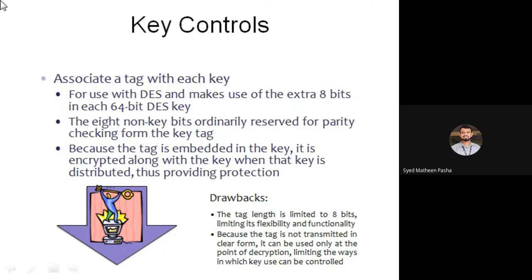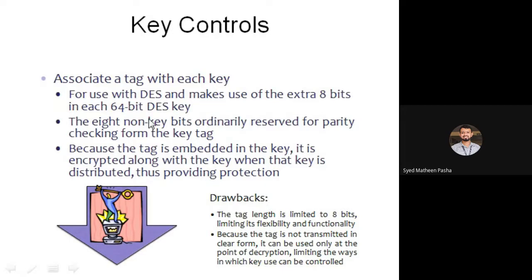So I can say I am controlling the key now, in two different ways. One is by specifying a tag. The other is by adding extra 8 bits to your initial key bits. Then, the 8 non-key bits ordinarily reserved for parity checking form the key tag. You can specify the key tag, or else you can leave it up to the model to specify the key tag.